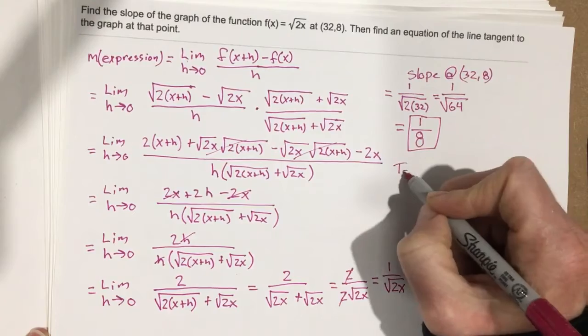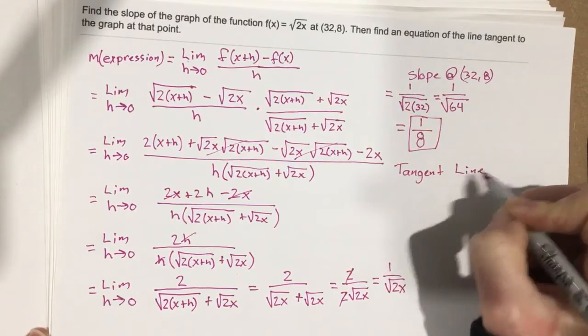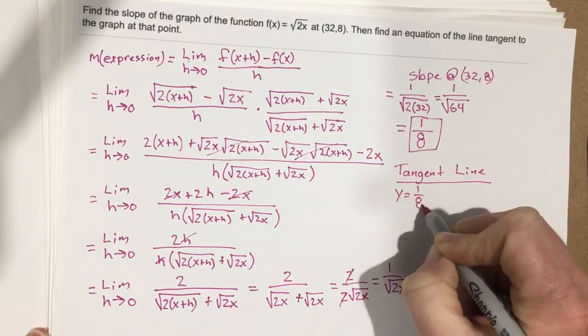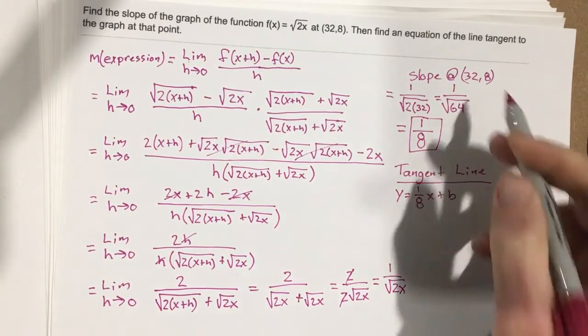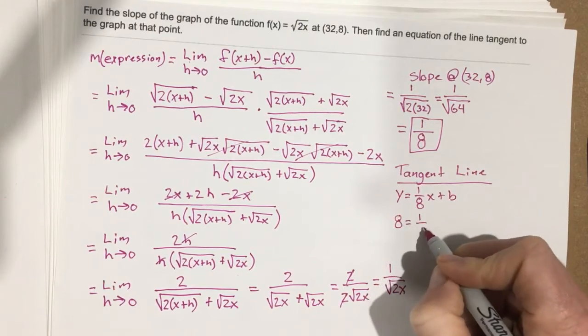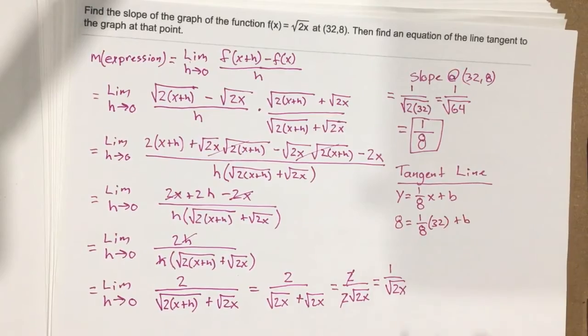Now we're going to find the tangent line. And to do that, we're going to use slope-intercept form, so y equals 1/8 x plus b. And I'm going to plug in 32 and 8, so I have 8 equals 1/8 times 32 plus b.